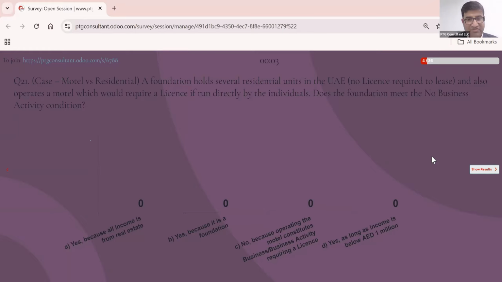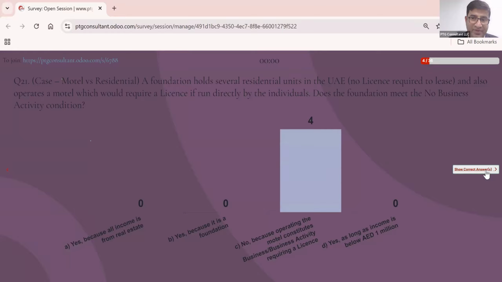Because as a natural person, real estate investment is not subject to tax. But if he is doing the same activity, if he owns the same property through the trade license, then it comes under the corporate tax definition. But here two conditions are tested in parallel.